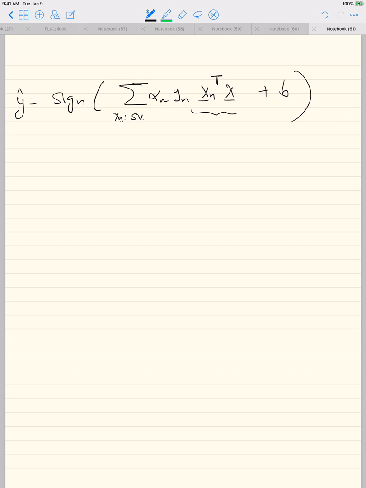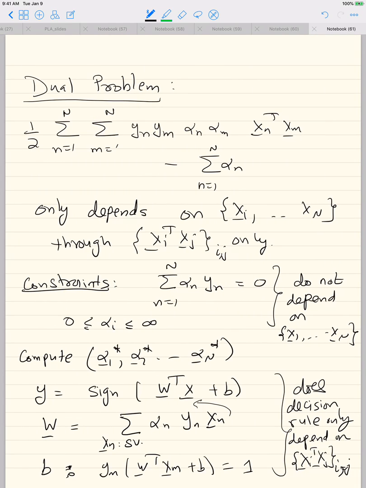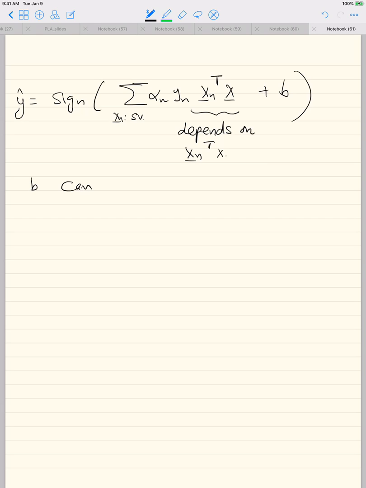So the point is, this quantity also only depends on the inner product between xn and x. And similarly, b is obtained by solving this quantity, and if you only have the pairwise inner products, we can compute b as well.